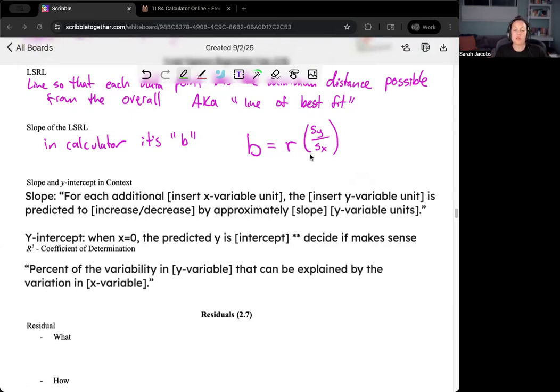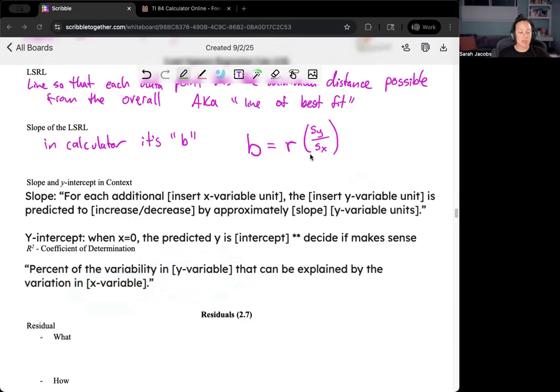But other things also contributed to how big we were when we were 6 months old. And so maybe 40% of the variability in baby length can be accounted for by the variation in baby age, right?